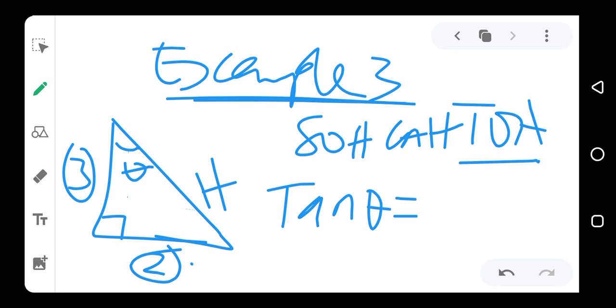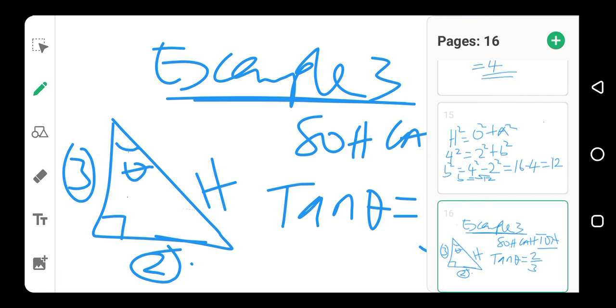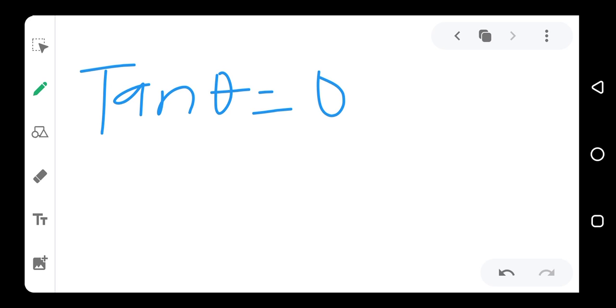So we write that tan theta is equal to opposite over adjacent. Our opposite is 2 and our adjacent is 3. So we have that tan theta is equal to, if you divide 2 by 3, we are going to get 0.6667.